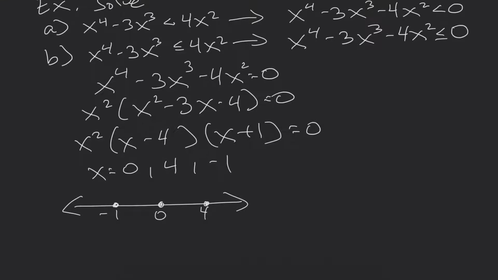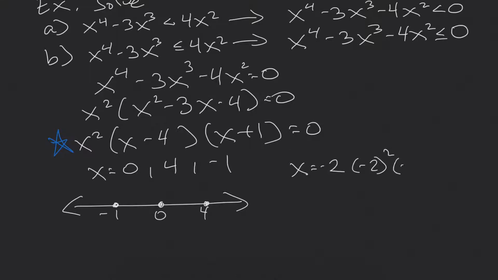So maybe first things first, I will go ahead and test, let's say, something to the left of -1, maybe -2. Let's plug in -2. Again, I'm going to do it to the factored form of the equation of the function.